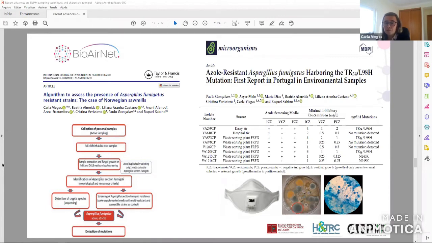These results support the theory that azole pressure is present in the occupational environment and in environments in which fungicides are used, while there is a growing concern that the exposure of Aspergillus to azole fungicides in the environment can cause cross-resistance to medical triazoles.